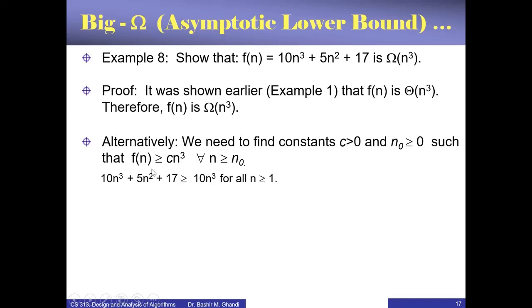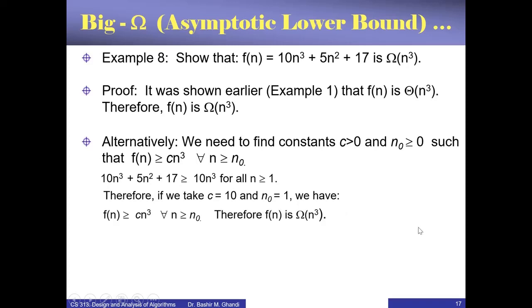Because on the left we are adding these two terms and they are not added here on the right. So the term on the left is greater or equal to the one on the right. And this is true for all n greater or equal to 1. Therefore, if we take c to be 10 and n naught to be 1, we will be able to satisfy the inequality for all n greater than n naught.